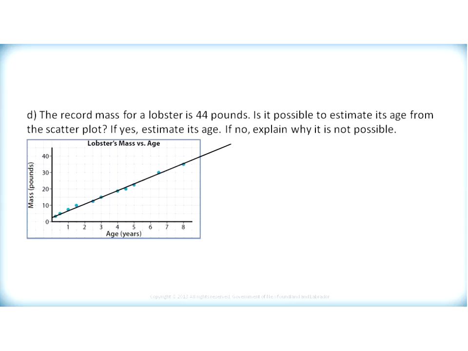Okay, so 44 pounds, I'm doing an extrapolation. 44 pounds is approximately up here. So I can extend that over to where it meets the line and extend that down.